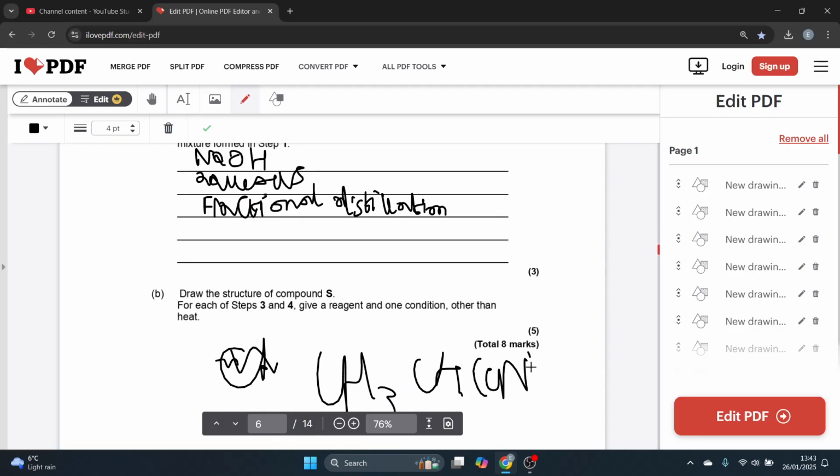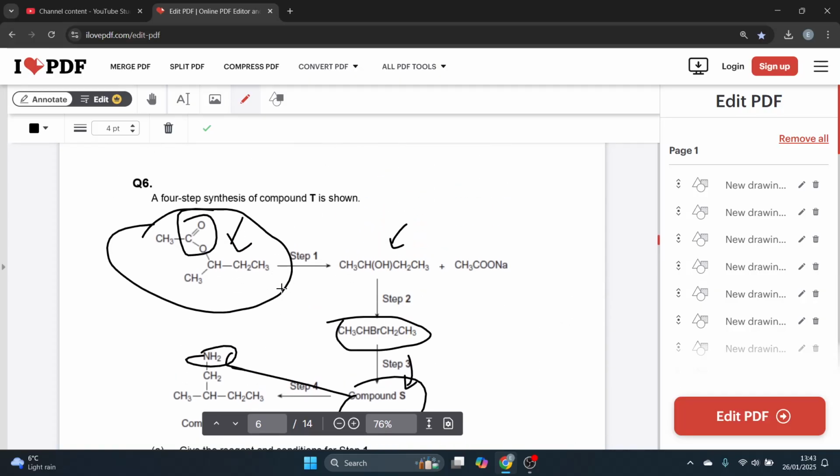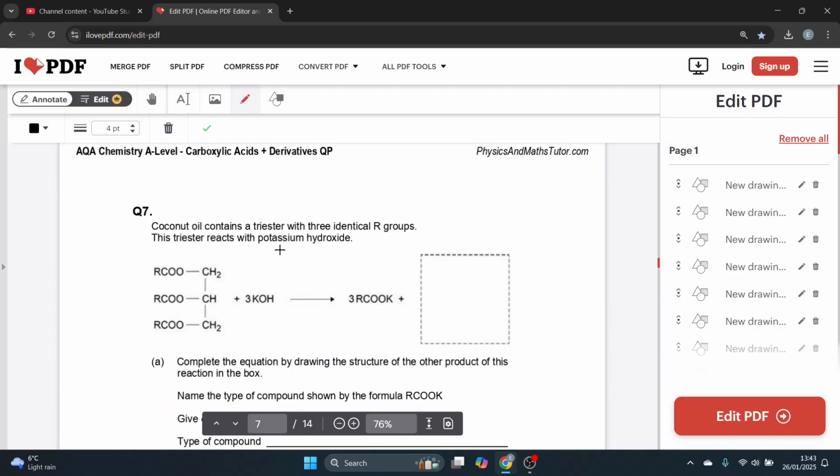What I'm doing is nucleophilic substitution, just replacing the bromo group with a CN group. This is a classic reason why you need to know your synthetic routes of organic compounds. I'm going to be going through those quite often. I did upload a video today as well.